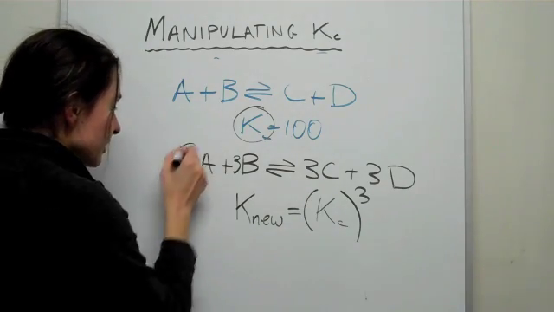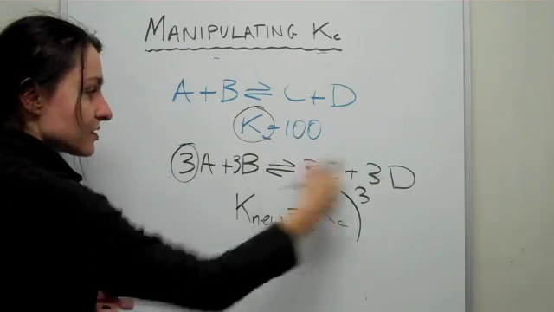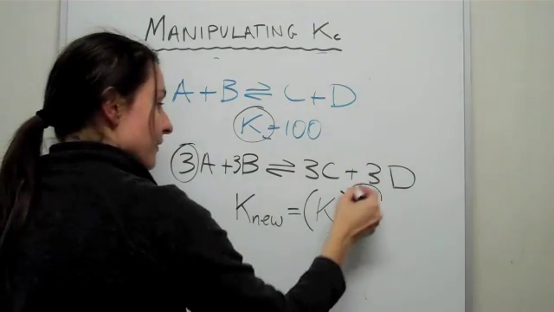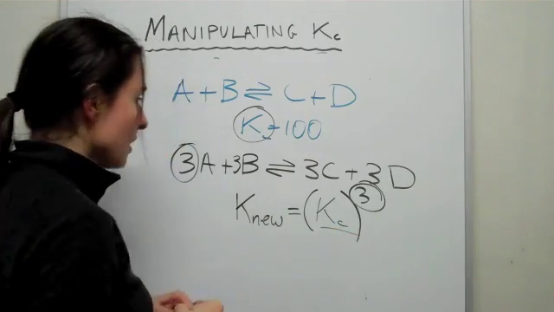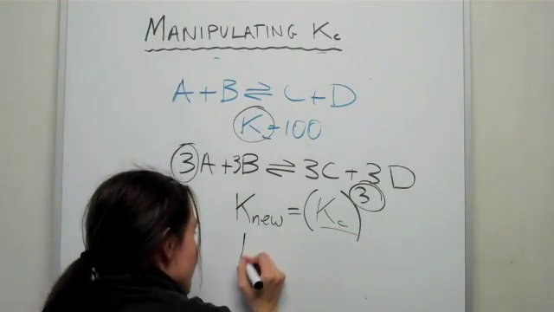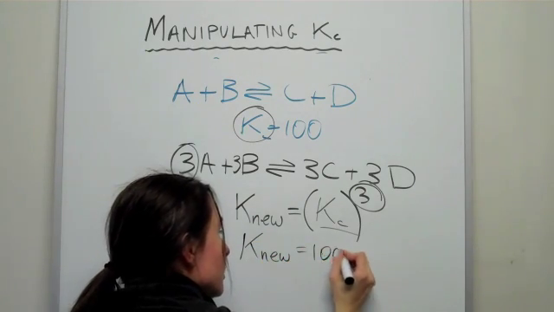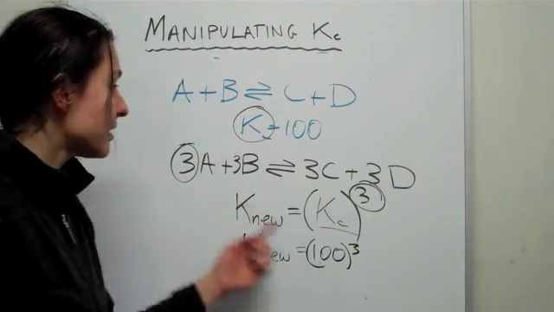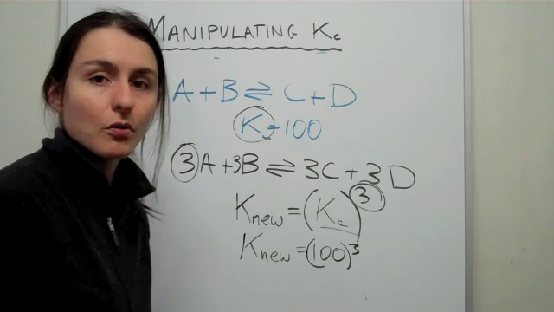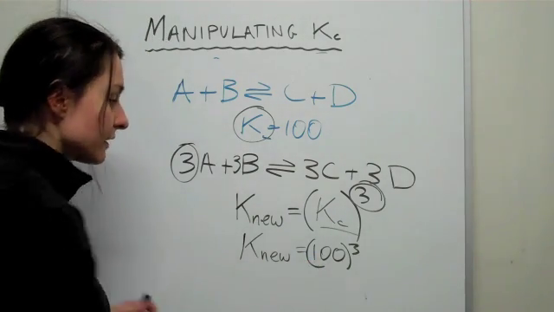Essentially, the factor you multiply the entire equation by becomes the power you raise your previous K value to. So the new K is 100 to the power of 3. You have dramatically increased the extent to which this is going forward.